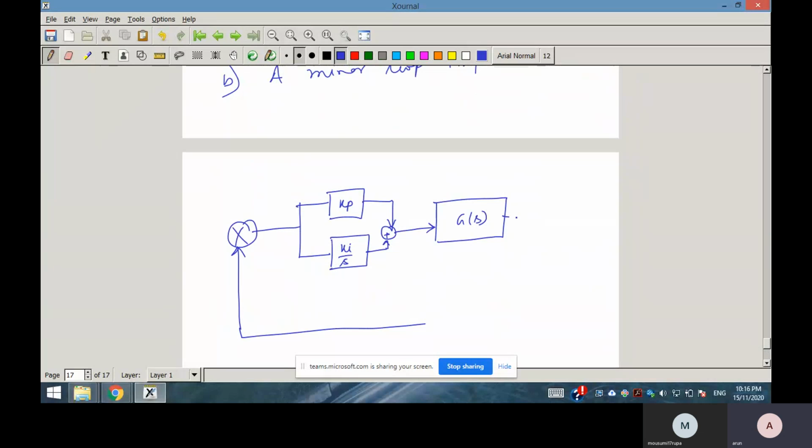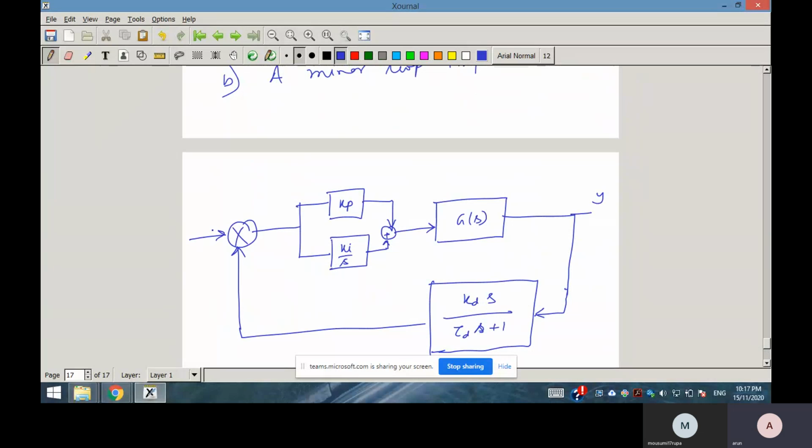Here I'll put the block KD s divided by tau d s plus 1, and this is your output.